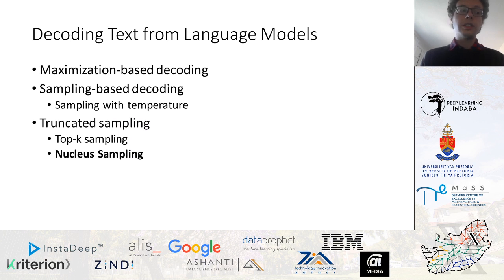The decoding strategies that we will consider fall under three categories: maximization-based decoding, sampling-based decoding, and truncated sampling. We will introduce each of these decoding methods in turn, discussing their advantages and disadvantages.